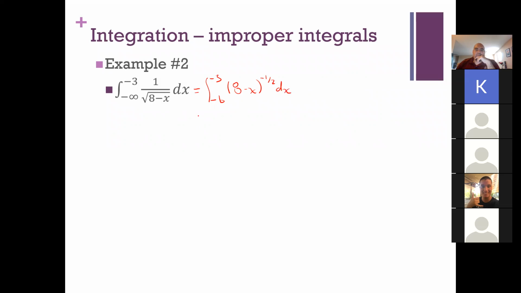So what would the antiderivative of this expression be? Square root of 8 minus x, and clean up the mess. Okay, so 8 minus x to the 1/2 divided by 1/2.